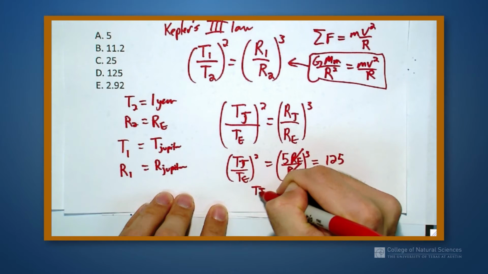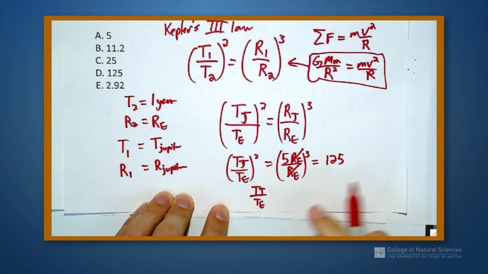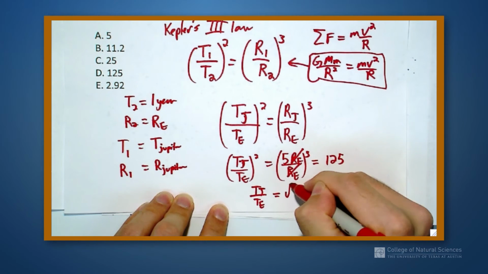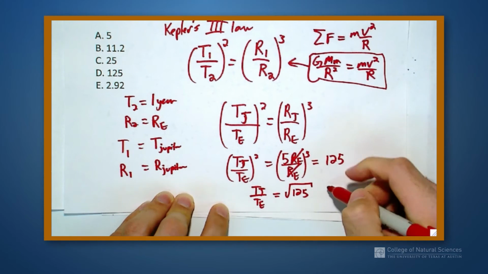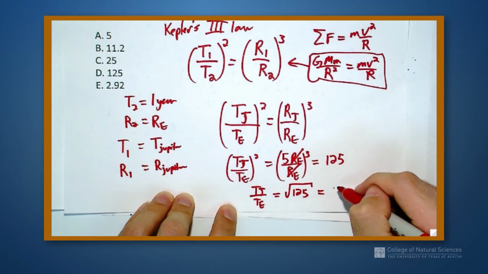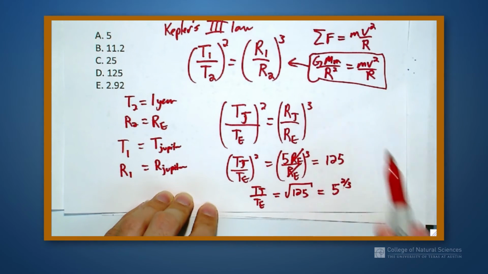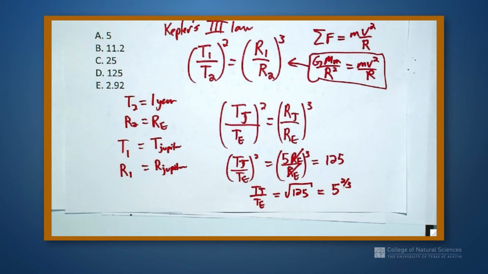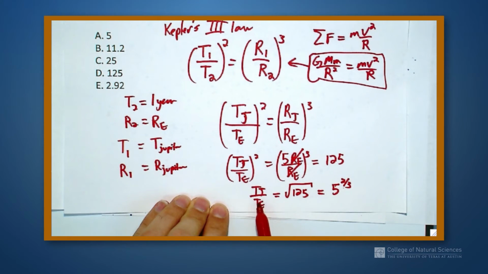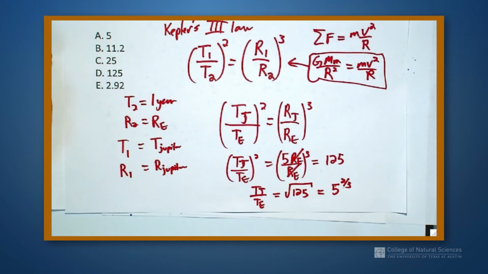Or the ratio of the period of Jupiter to the period of Earth is equal to the square root of 125, which is equal to 5 to the 2/3, if I don't actually cube things, which just says that the period of Jupiter is 5 raised to the 2/3 times the period of the Earth.